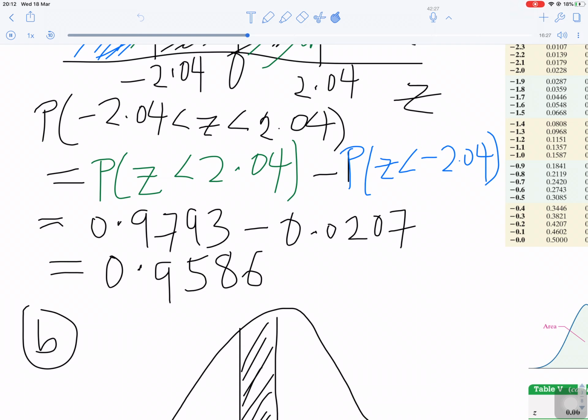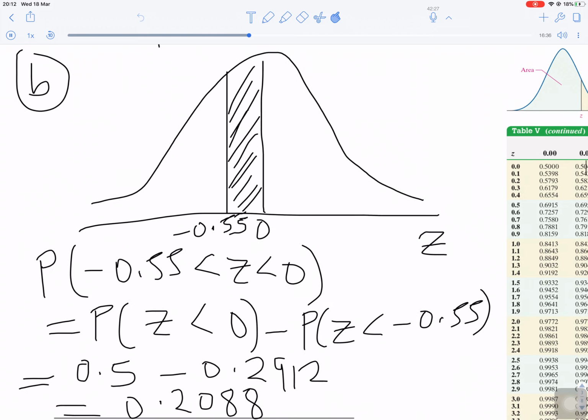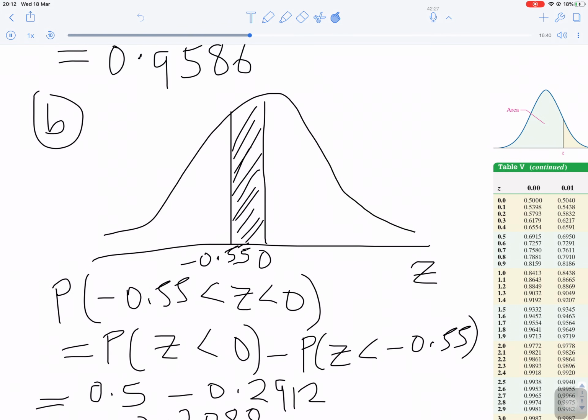Now 3B wants us to find the probability between negative 0.55 and 0. Remember, the z-values in the standard normal table are a range of negative and positive values, and the value in the middle is 0, which is the mean or the median.